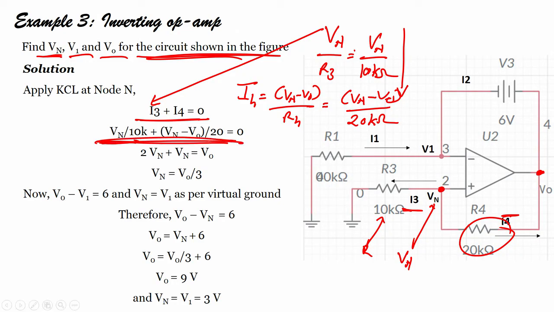So, when you solve it, you will find that Vn equals Vo by 3. Now, Vo minus V1 equals 6, because the bias voltage applied is 6 volts.